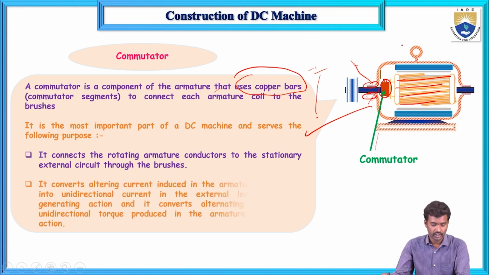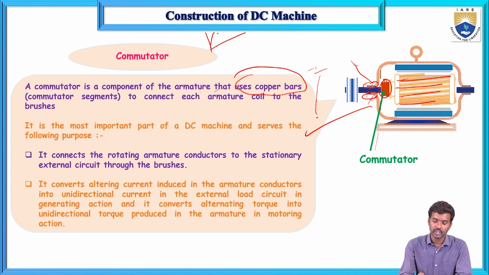Next function: it converts the alternating current induced in the armature conductors into unidirectional current. In the generator principle we already discussed that in one complete revolution, one full cycle of AC EMF is generated. This diagram looks like this, this is the induced EMF voltage.